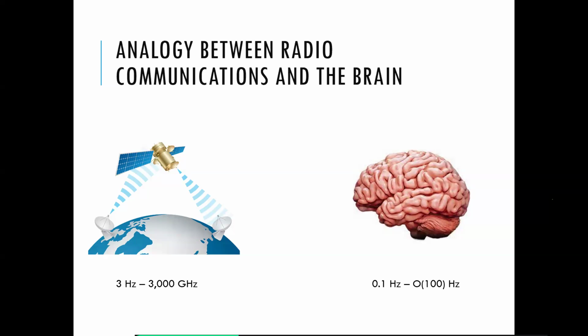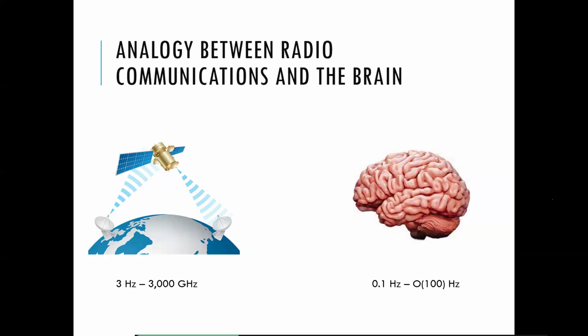If the frequency is too small, like less than 3 hertz, the wavelength of the radiation becomes much bigger than the Earth's diameter, so it doesn't come back. Whereas if the frequency is too high, there will be a lot of loss in transmission. It becomes expensive, you need to pump in a lot of energy so that it reaches the target location. So radio communication can only operate within certain bounds.